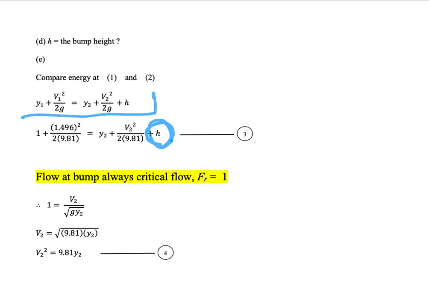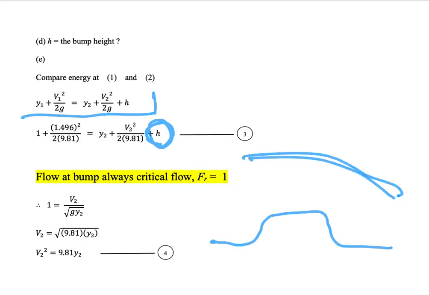We have a bump here, and we have a water flow. The energy for this flow is actually the potential energy, because we have the depth of the water, and also because the water is at a certain level. This is the height of the bump, so we need to get the total height.